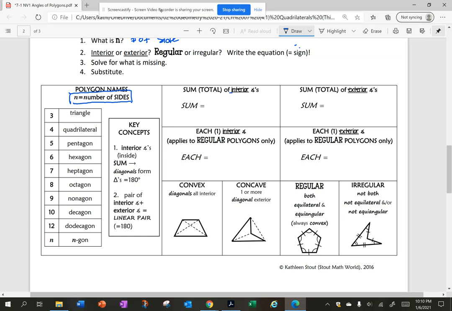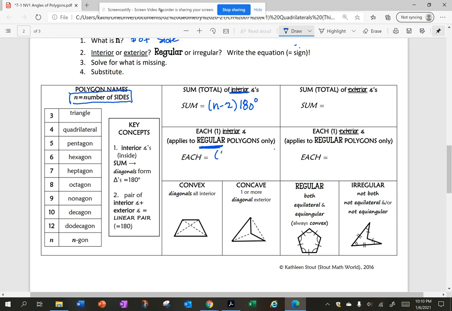So we already talked about interior angles. So the sum of the total interior angles, we just determined that formula. So this is n minus 2 times 180 degrees. So however many sides I have, minus 2 times 180 is the sum of all the interior angles. So each means if I have a regular polygon, I want to divide by the number of sides.